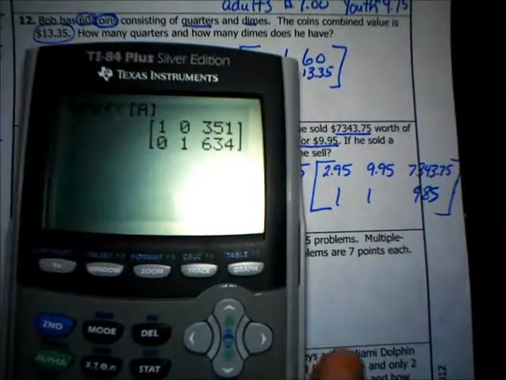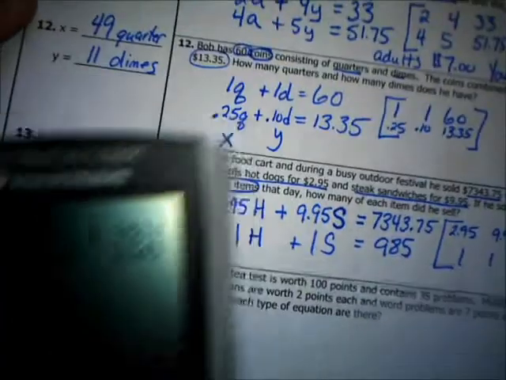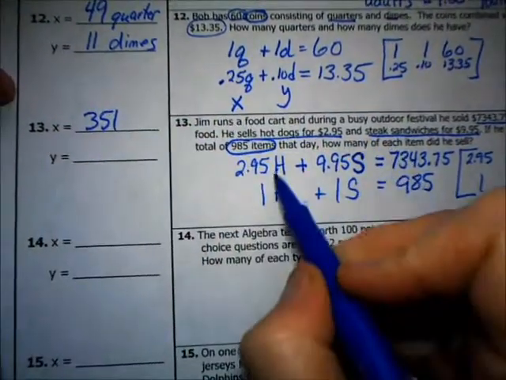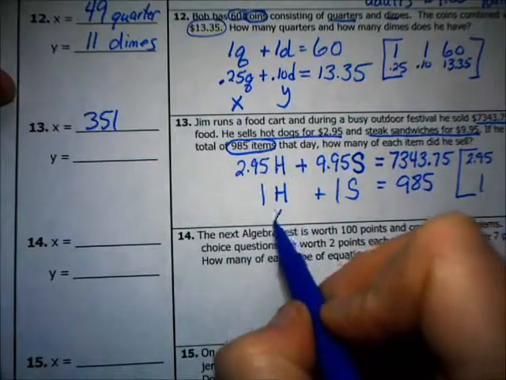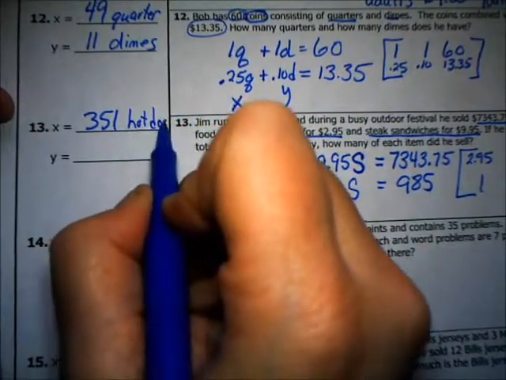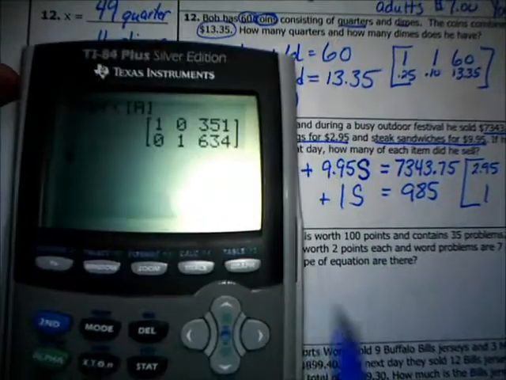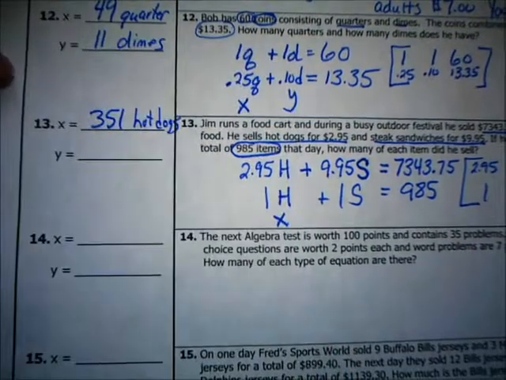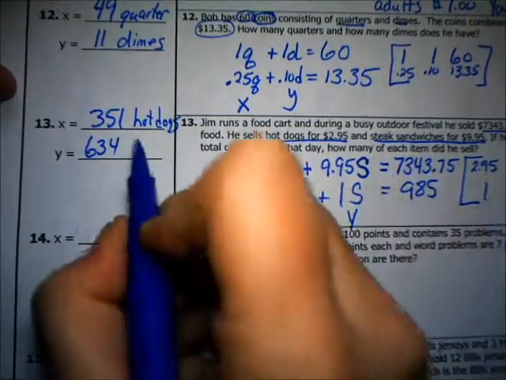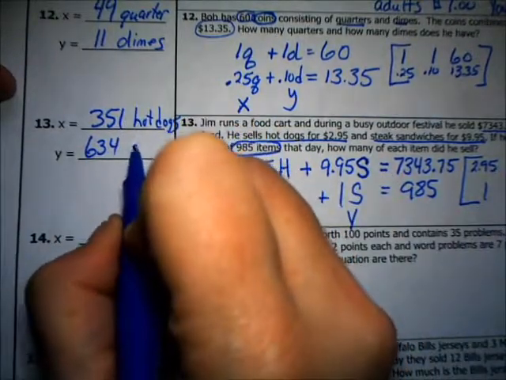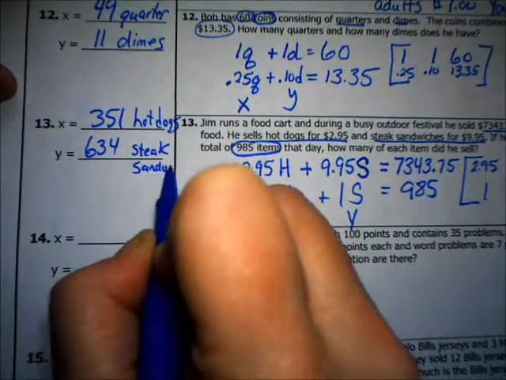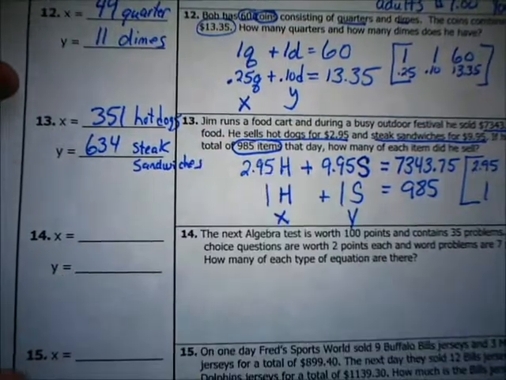So the first one we have 351 items. Now that represents the first column, which is my X's, which means that's my hot dogs. And then we had 634 of the other one, and the other one was the steak sandwiches. And there's our answer.